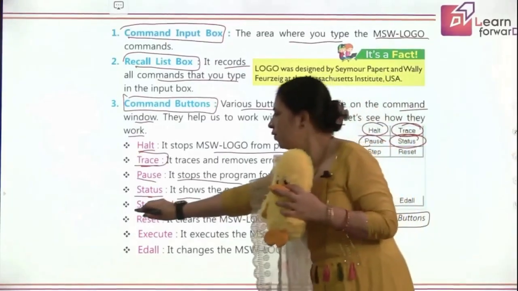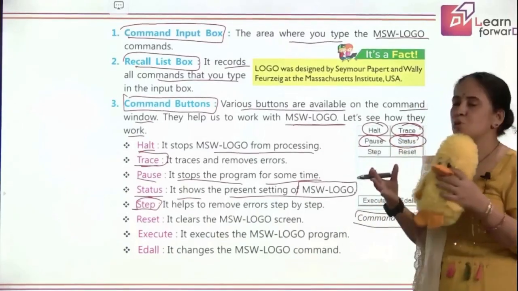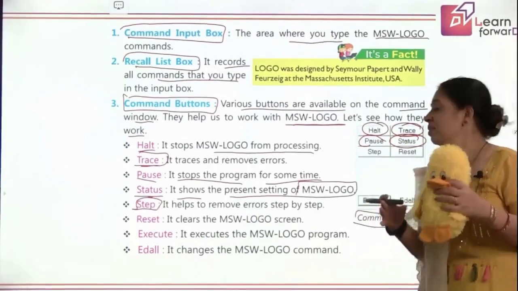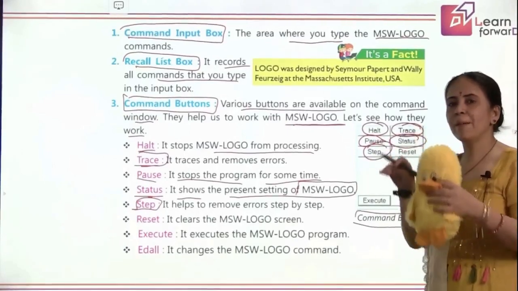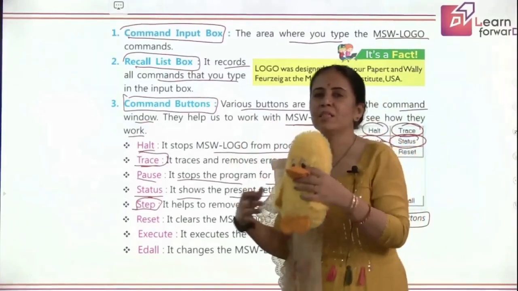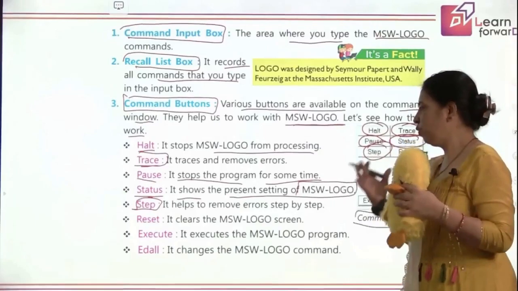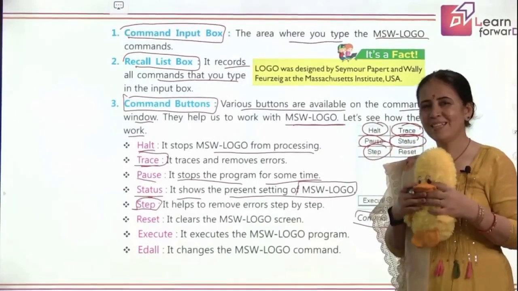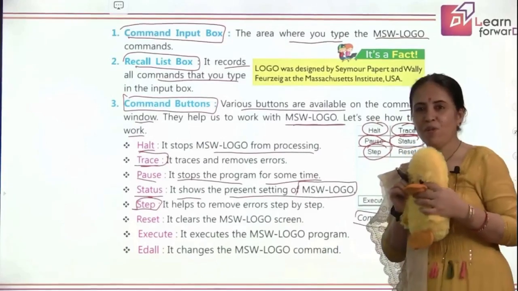And after that, we have step button, which is used to remove the errors from your coding step by step. So, you could move step by step, after one step, after another. We keep on getting one step after another, and that helps you to remove the errors. Got it? Show me your thumbs up. Great. So, shall I move further?